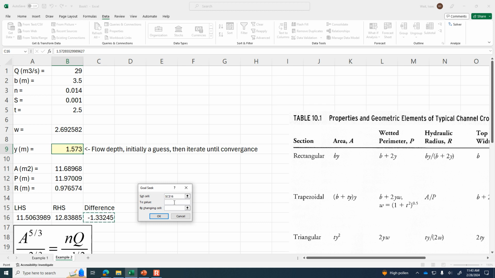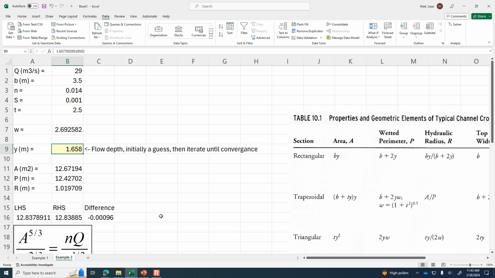Set the difference to 0 by changing our guess of the flow depth. Okay, so this is saying 1.658 meters, and that's what I have here.